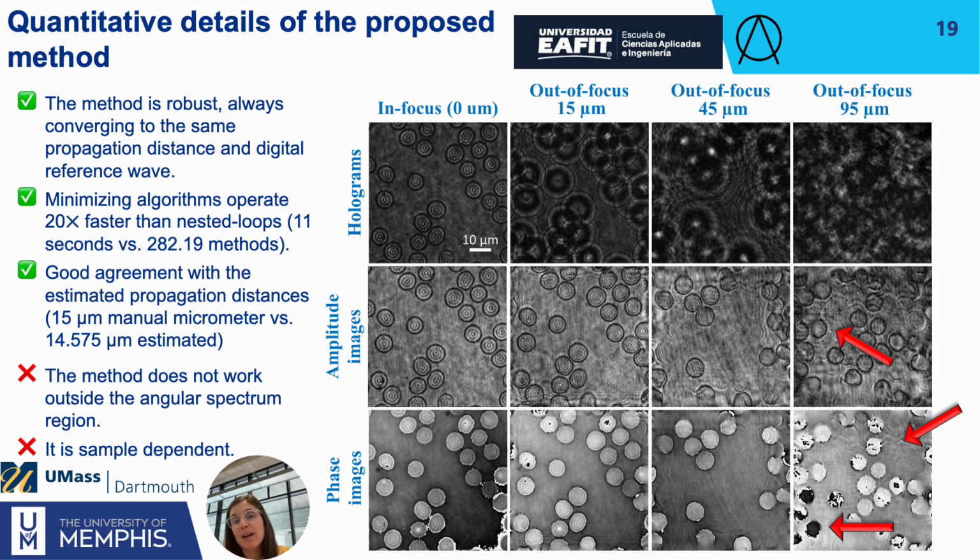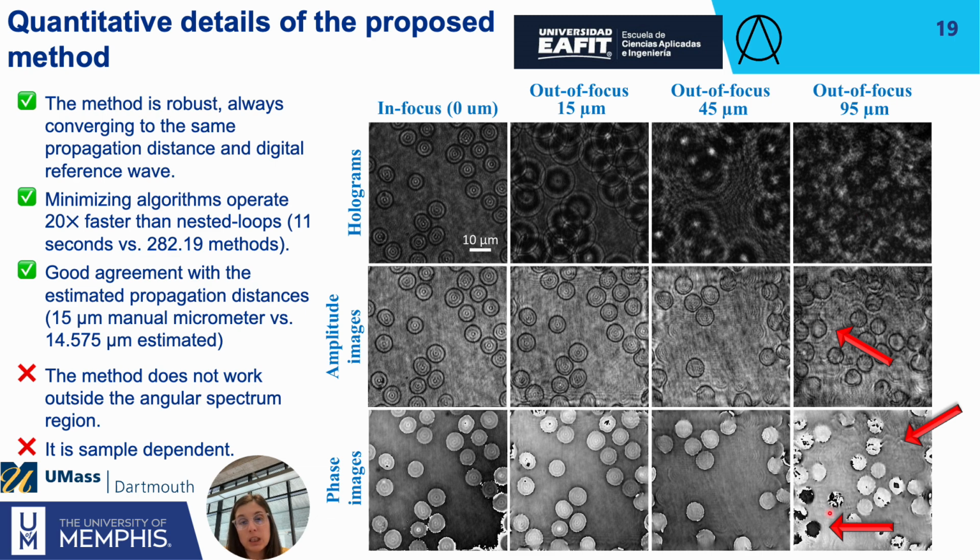So, problems that we have seen with the algorithm: the method seems really robust, as long as we are within the angular spectrum regime. If we are really out of focus, like in this scenario where the diffraction patterns are not completely recorded within the camera, our method fails, but that's expected.